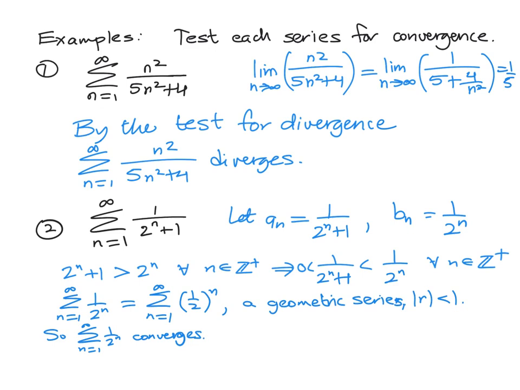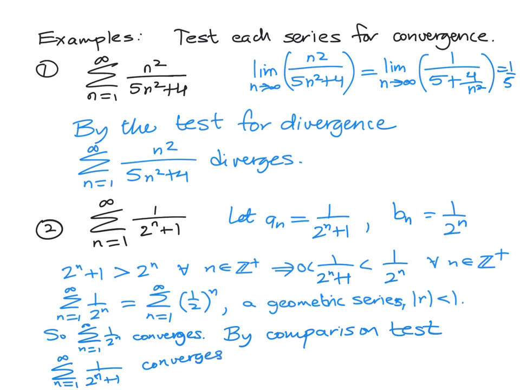And because of our comparison, the individual terms of the series we were interested in are smaller than the ones that converged, stuck between 0 and that value. By the comparison test, the series we were interested in, the sum from n equals 1 to infinity of 1 over 2 to the n plus 1, converges. Now what it converges to, I do not know, but I do know that it's going to converge. So that's the comparison test on that one.